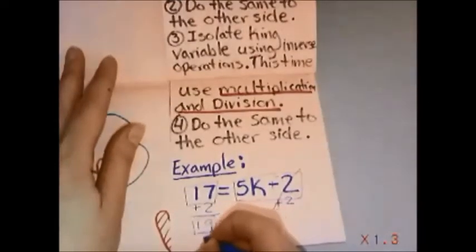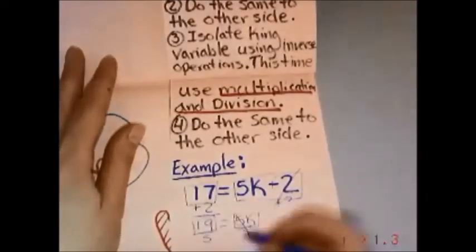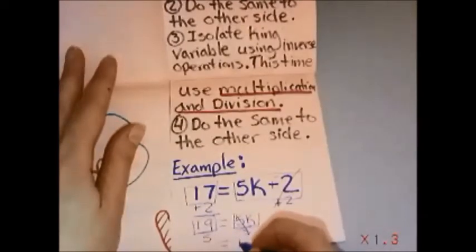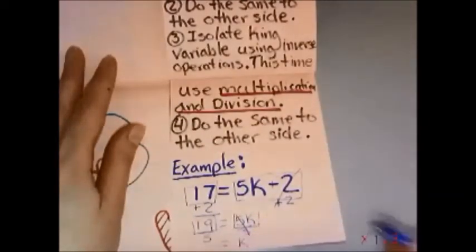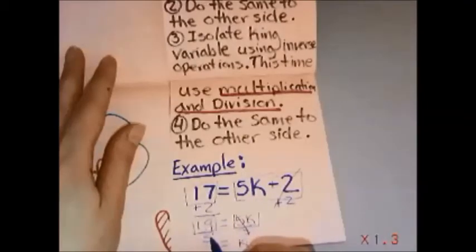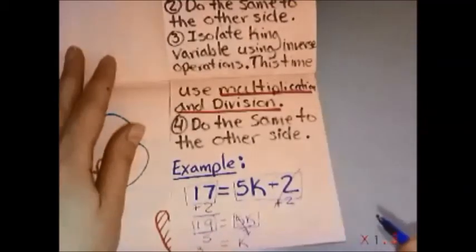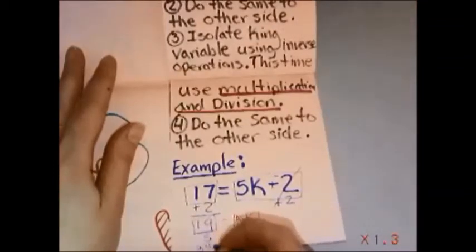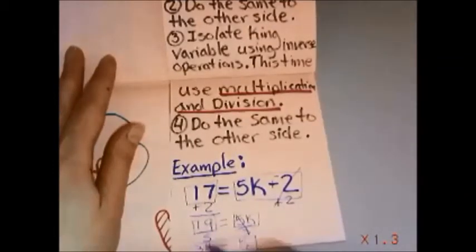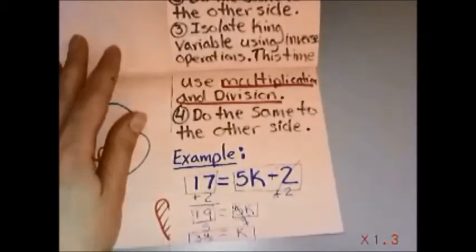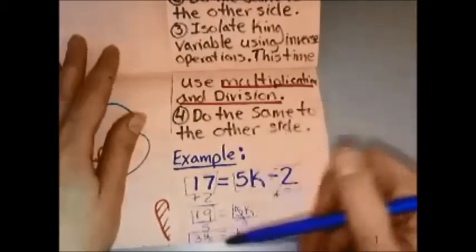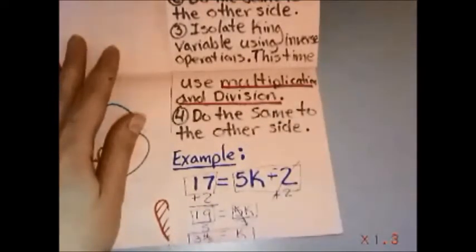I'm going to divide this side by 5, and I get k equals 19 divided by 5 is 3, and I will have 4 left over out of 5. So 3 4/5. So k equals 3 4/5 would be my answer. And it is okay that I have a mixed number here.